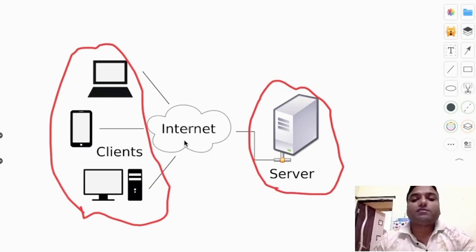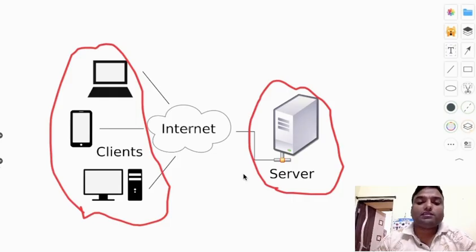What is a web service? This server, what we are seeing here, is actually capable of providing a service to these clients. That may be a laptop, a mobile, your PCs or any other device that is capable of getting information from the server. So it is providing a service, and there are mainly two common types of service, that is SOAP and REST.